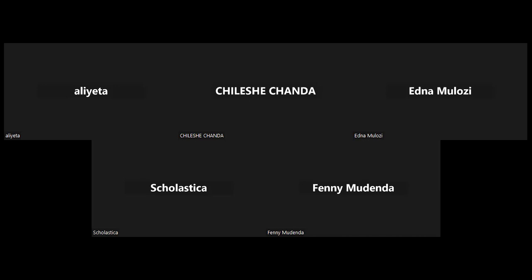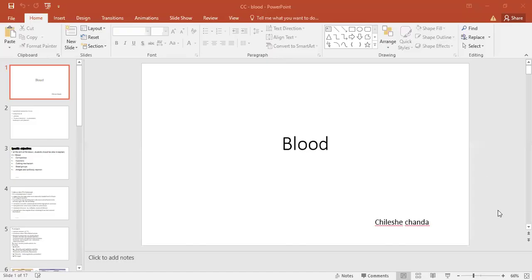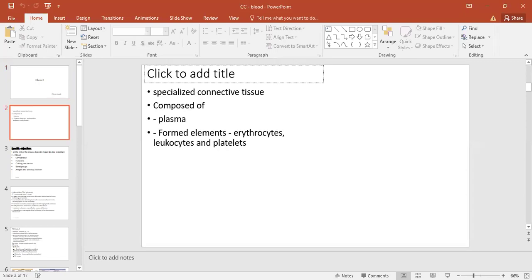So we quickly look at an introduction of blood. We can quickly introduce blood so that next time we meet, we can just conclude. So we have blood. We said that blood is one of the specialized connective tissues.